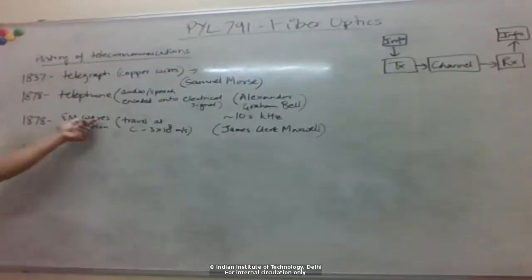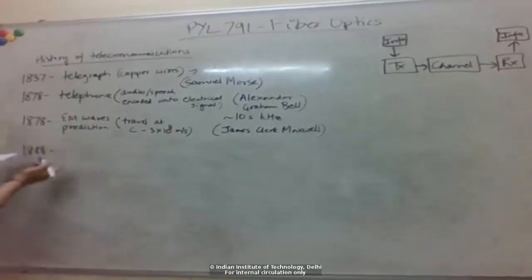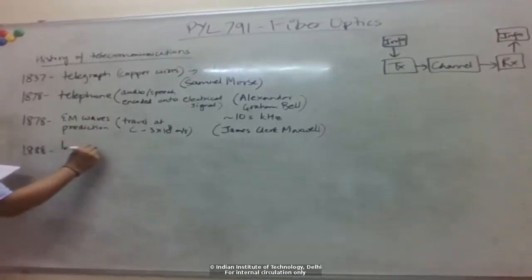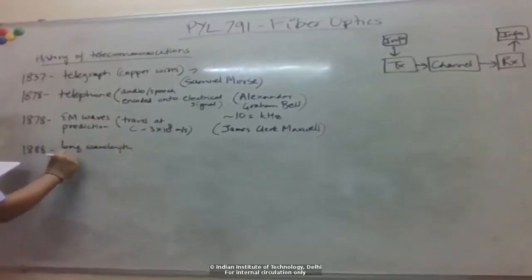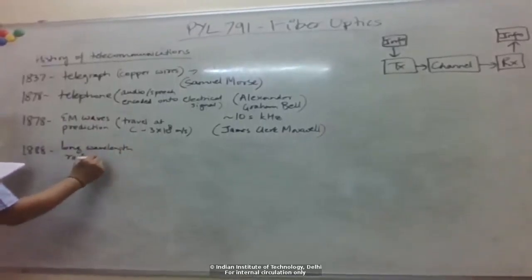And then, once this prediction came, people started to practically generate and detect these electromagnetic waves. Soon after, maybe 10 years after, the first controlled generation of electromagnetic waves was in the radio waves region.